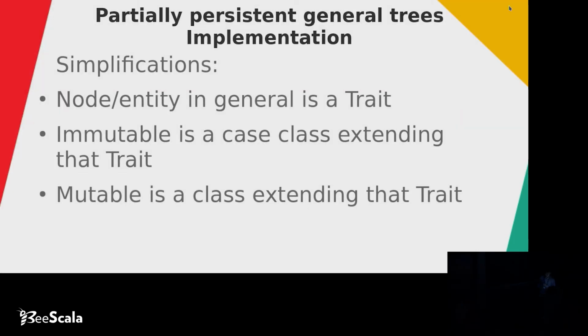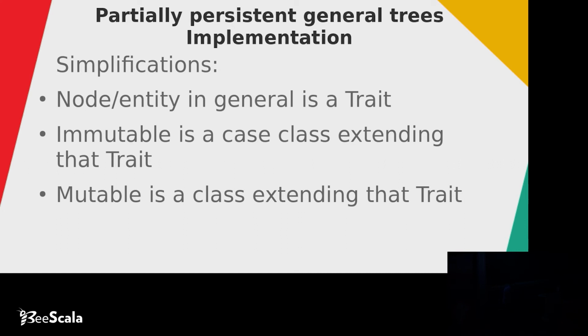And those are the kinds of simplifications that we use in that context. The node, our entity in general, is just a trait. So we declare a trait, and we annotate it with the macro annotation. That's it. All the other magic is happening with the help of the macros.